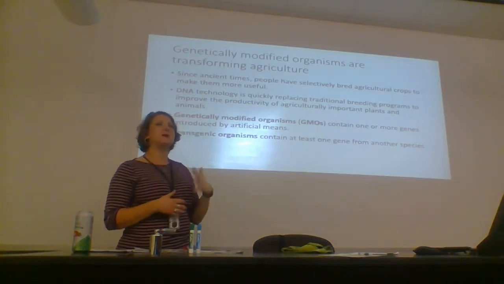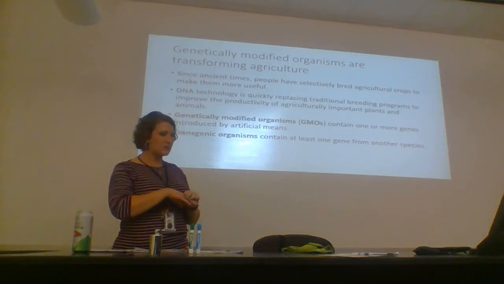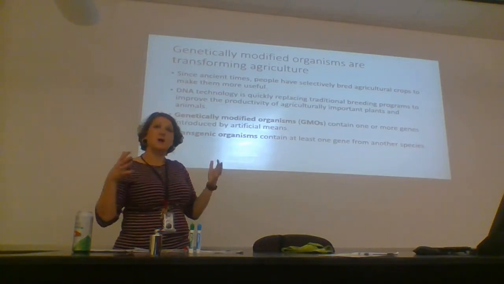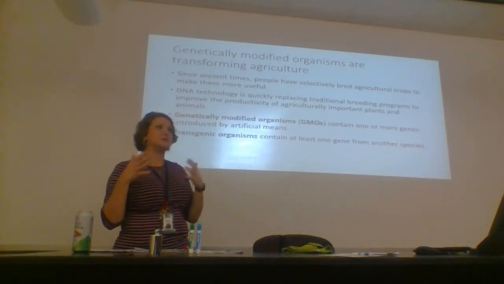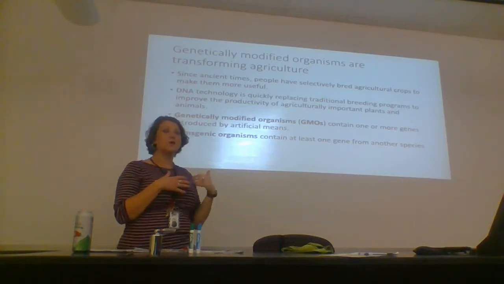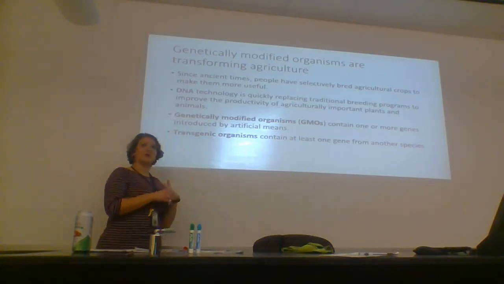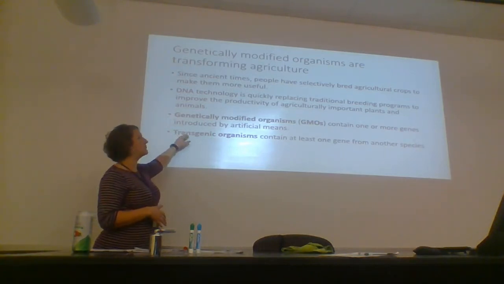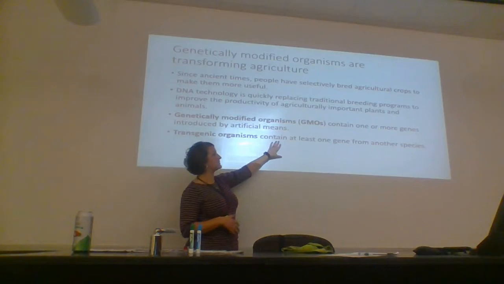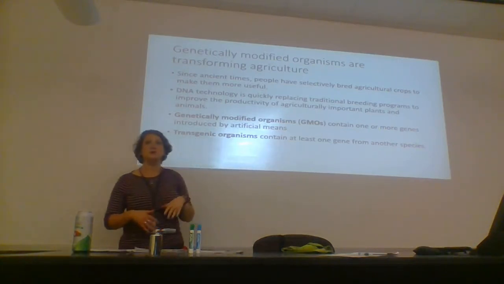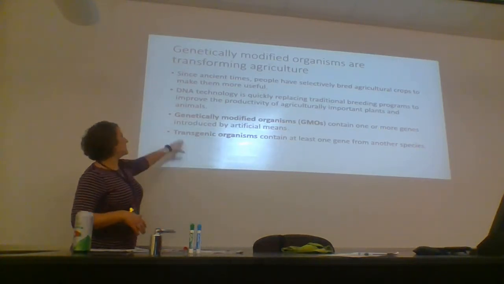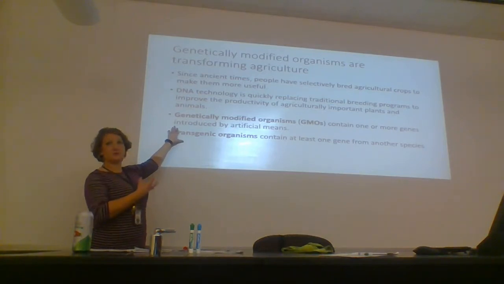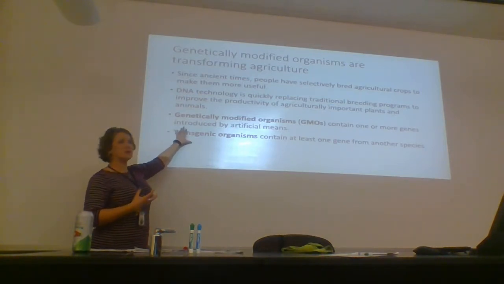I don't know that that's the best definition, because in my eyes that means just about anything is genetically modified, since it doesn't have the same genetics that it had before. But in speaking with other scientists, when we say GMO, we're usually referring to transgenic organisms, things that contain at least one gene from another species. So when we say we introduce genes by artificial means, it's usually transgenic.